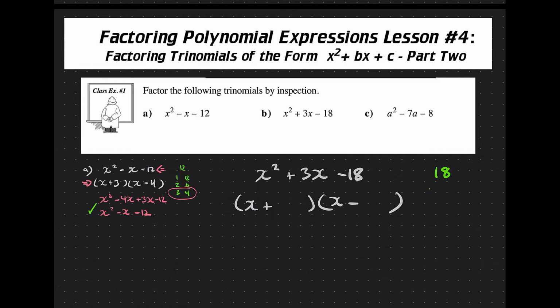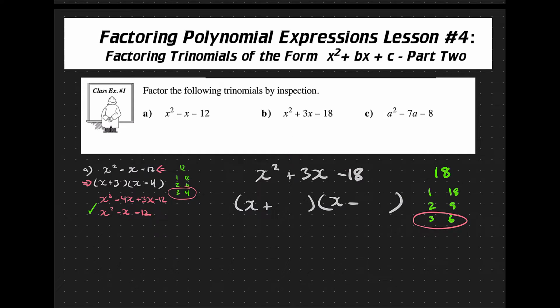And what do we have? 18. What makes 18? 1 and 18, 2 and 9, 3 and 6, and that is it. So what two numbers will subtract to give us this value of 3 right here? These two, 3 and 6, and it states that the larger value should be positive.